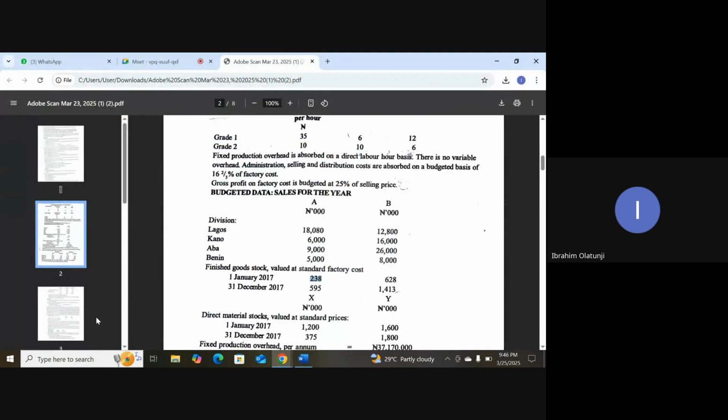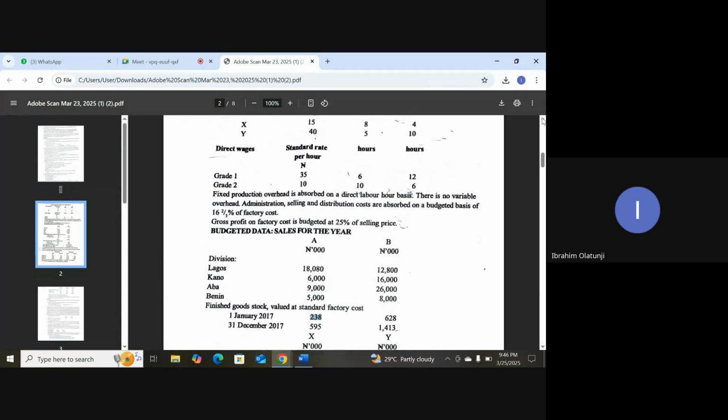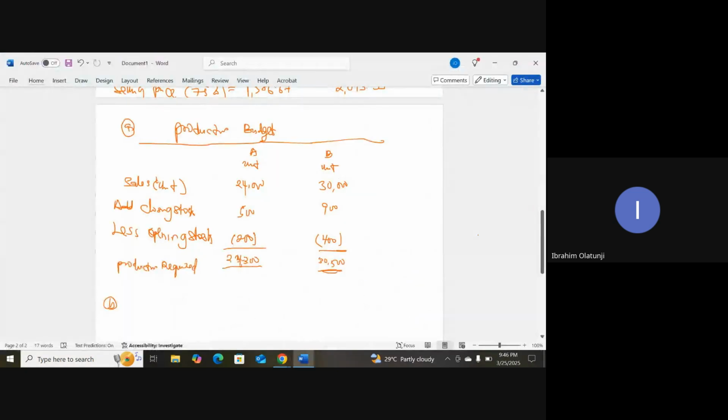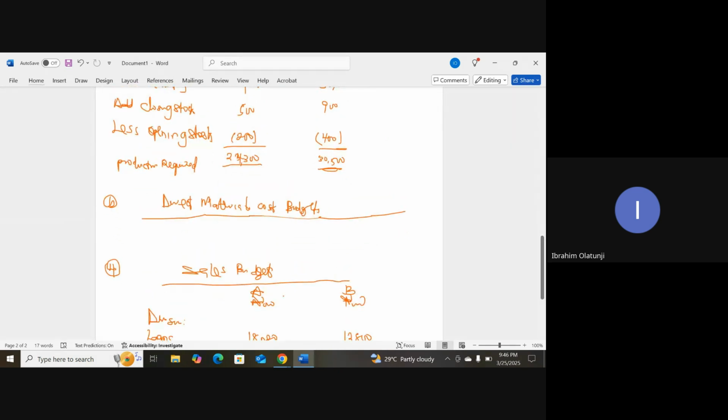So what requirement B was saying is the direct material cost budget. Direct materials cost budget.